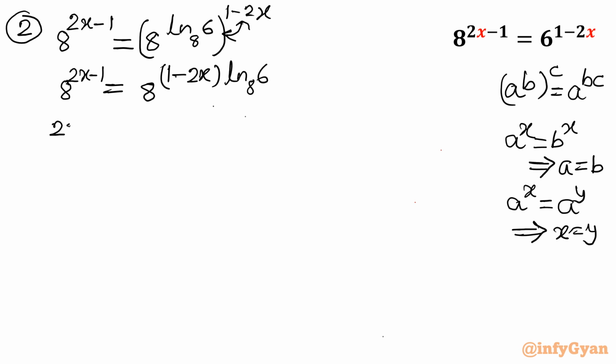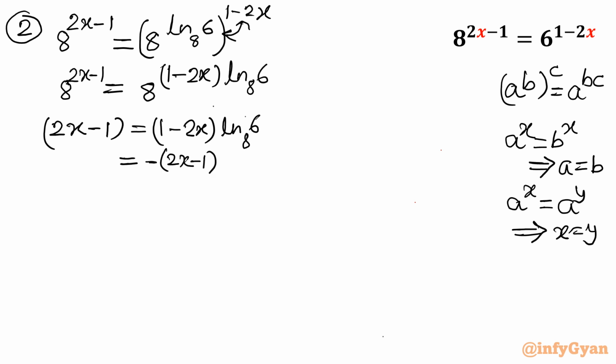So 2x minus 1 is equal to (1 minus 2x) ln base 8 of 6. Now I will take minus outside. So it will become ln 8 6 times (2x minus 1).